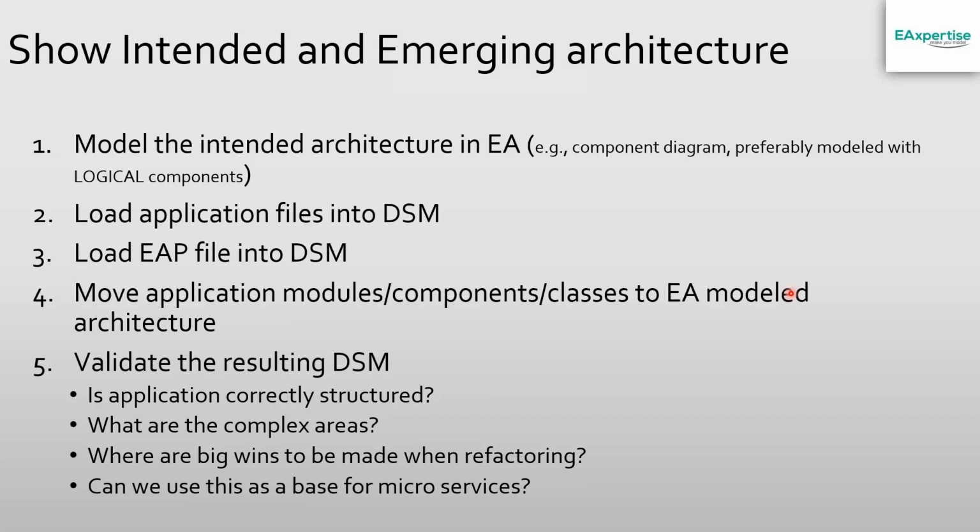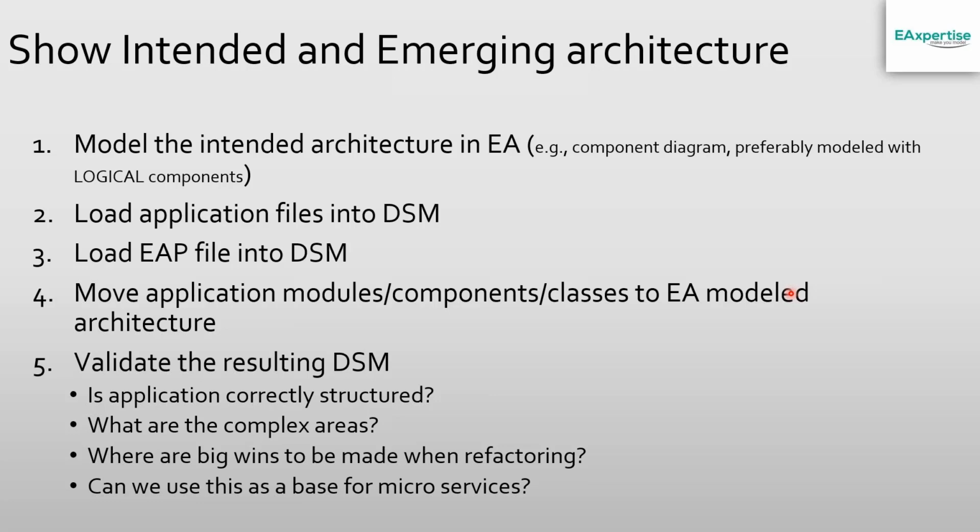When that happens, the DSM will show you the result of this. So you can find out if an application is correctly structured. Does it fit the intended architecture, or was your development team like a bunch of capuchins and they went their own way?